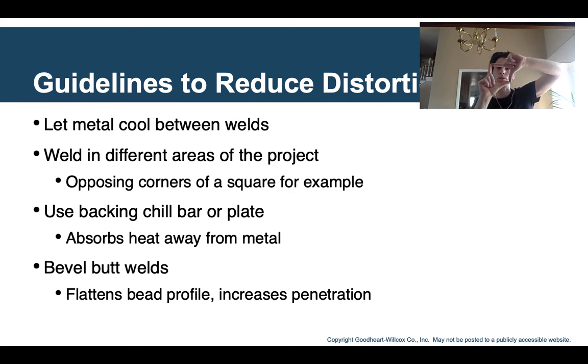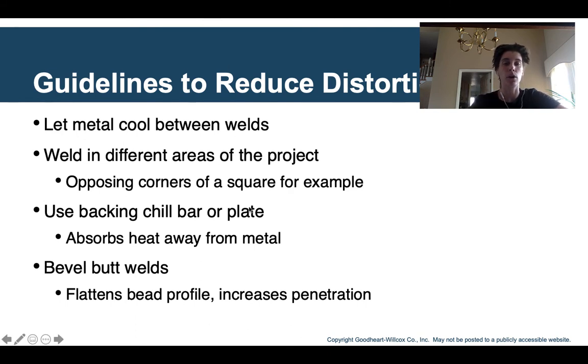I'm moving around a lot, tacking everything. And then I would move around a lot to do the actual full weld. So I might weld this corner, and then I'd weld this corner, and then this corner, and then this corner. So moving around on your project, that's just spreading out the amount of heat that you are using. So it really does help with distortion.